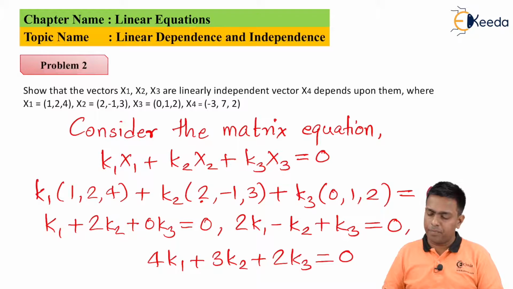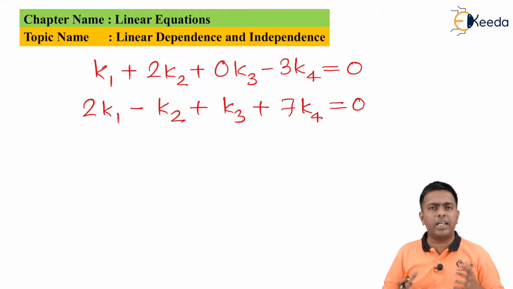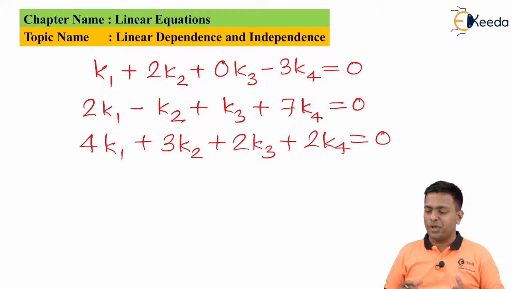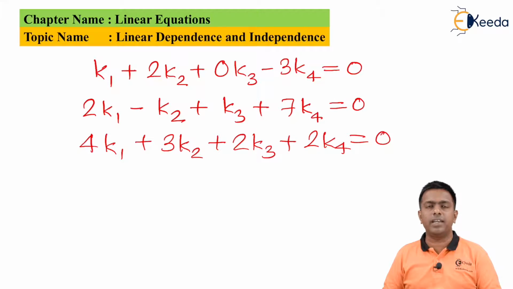Now let's find the second equation. That will be 2k1 minus 1k2 plus 1k3 plus 7k4. Now let's find the last equation: 4k1 plus 3k2 plus 2k3 plus 2k4 equal to 0. So here we got the three linear equations, and now we'll convert these linear equations into the matrix form.